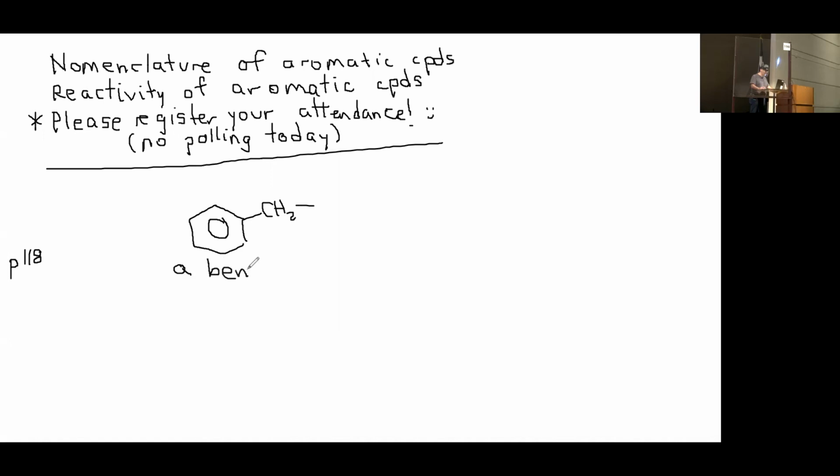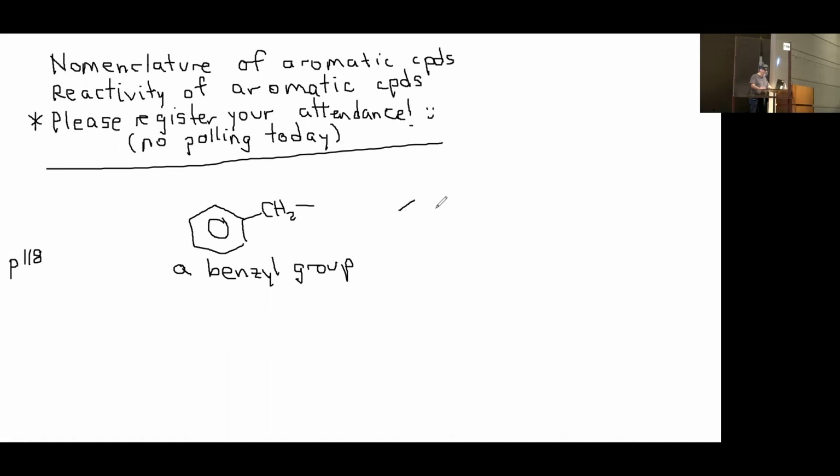Benzyl. It's confusing, and it's very unfortunate, because when you use the word benzyl, it makes it sound like something is coming right off the benzene ring, but it doesn't work like that.